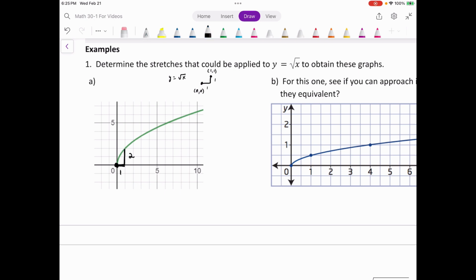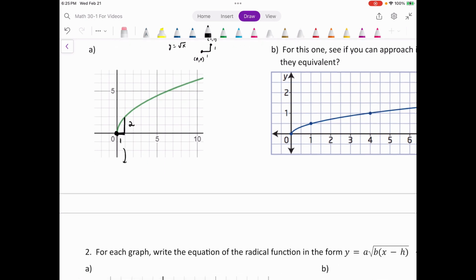It's been vertically stretched by what factor? Vertically stretched by a factor of 2, right? So normally, on y equals root x, this would be 1, 1. But now, at that same change in x, we're getting a y value that's twice as large. Its y values are twice as large.